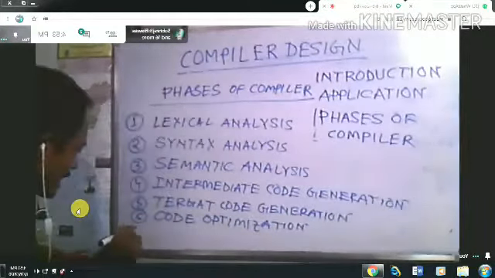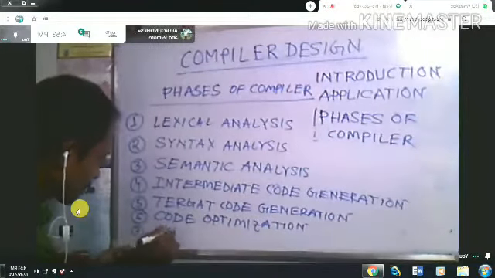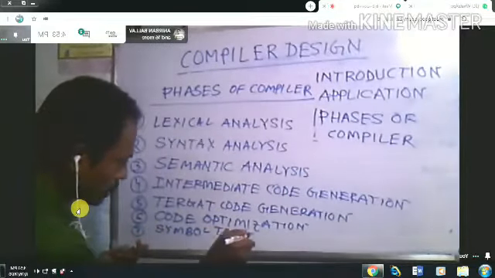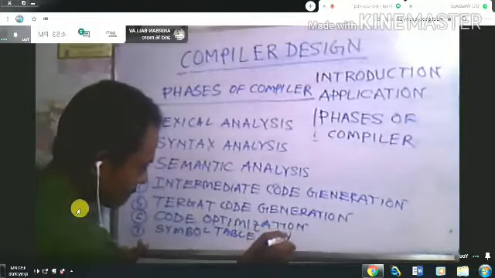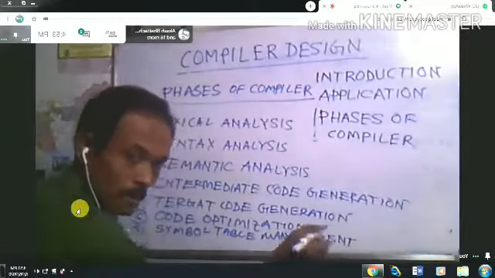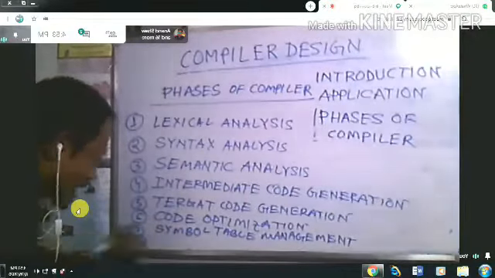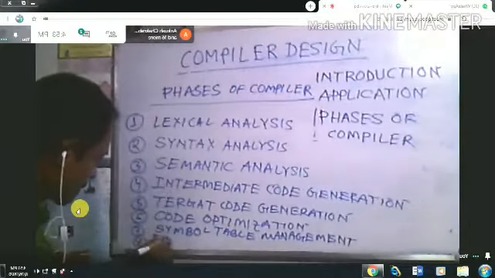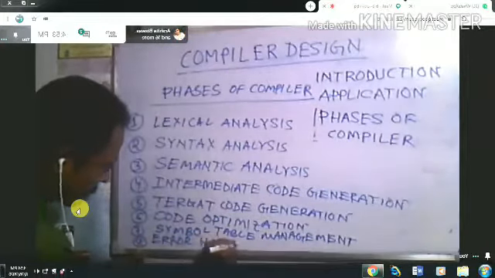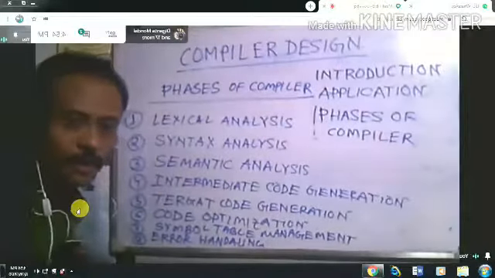The next phase is symbol table management, and the last phase is error handling.